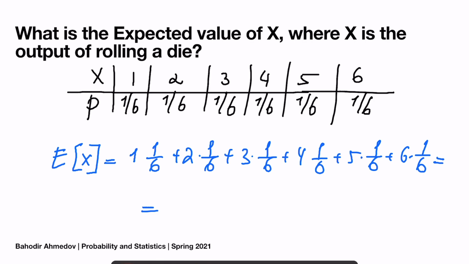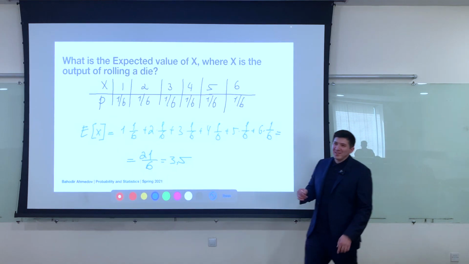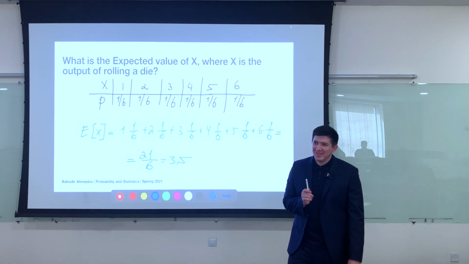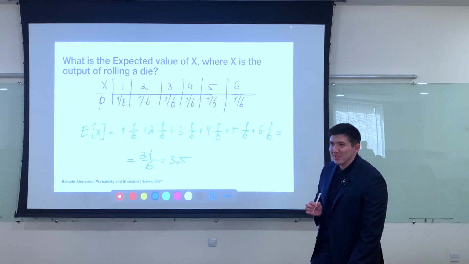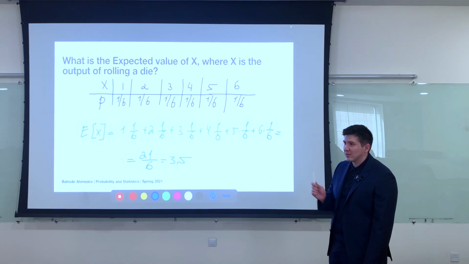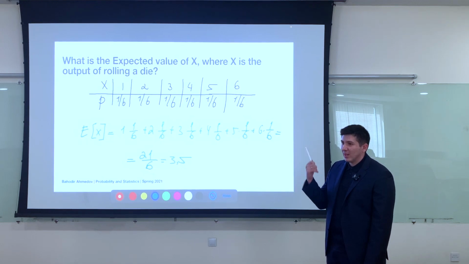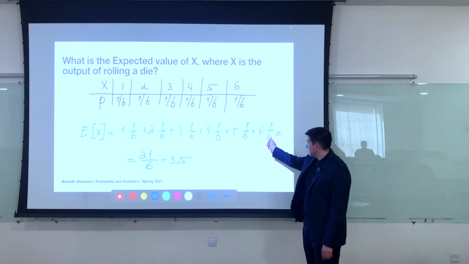It is 6 times 7 divided by 2, which is 21, divided by 6. That is 3.5, right? By the way, I used the arithmetic series in order to find the sum. Do you remember the sum of the arithmetic series? It is n times n plus 1 divided by 2, so 6 times 7 divided by 2.